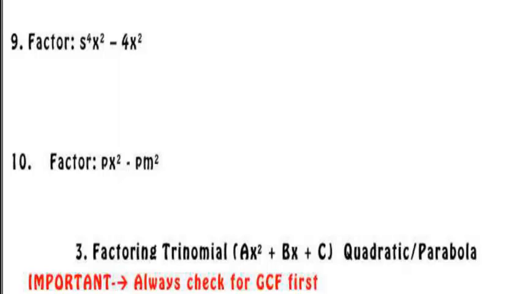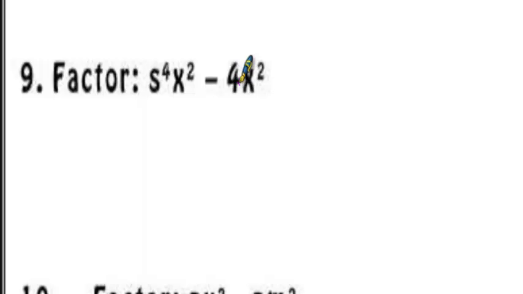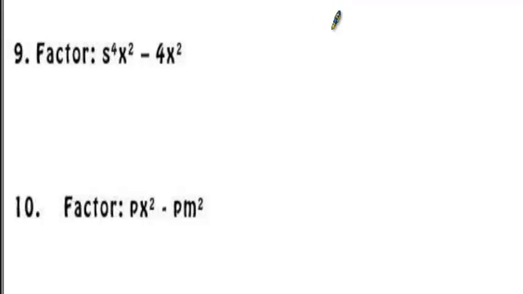Alright, let's do example number 9. Example number 9, check if you have a GCF. So I have S here, but I don't have S here. Now, X and X, so I think we have a common variable. When we factor out a common variable, we have to bring out the variable that has the lowest exponent. In this case, both X here has the same exponent too, so we can just bring out X squared.